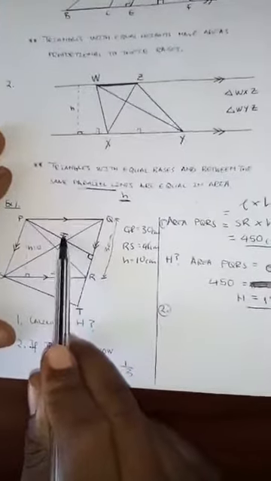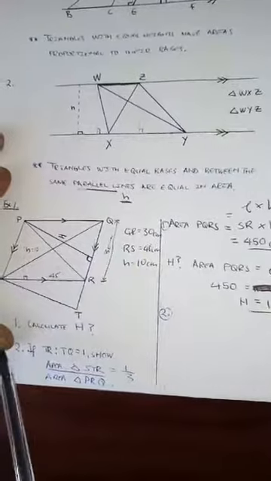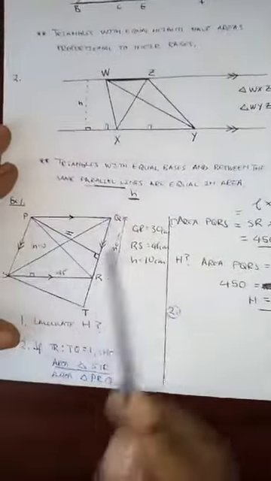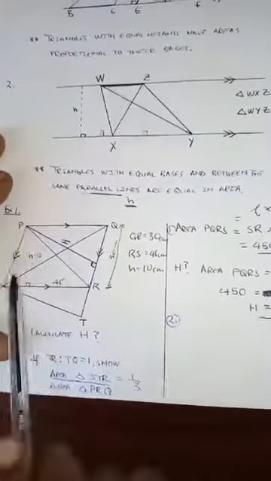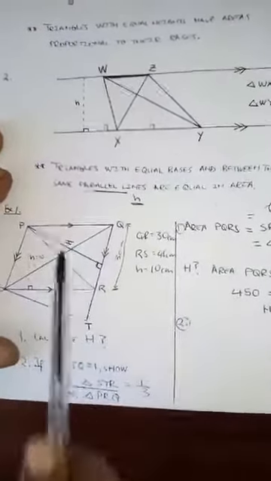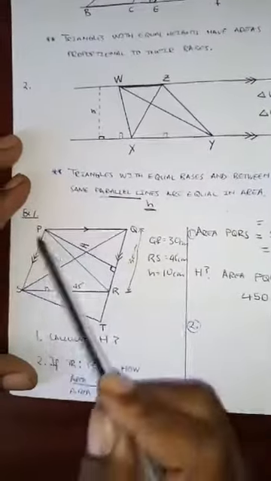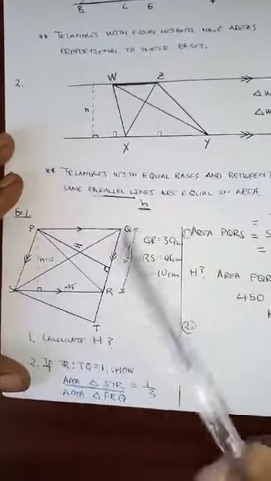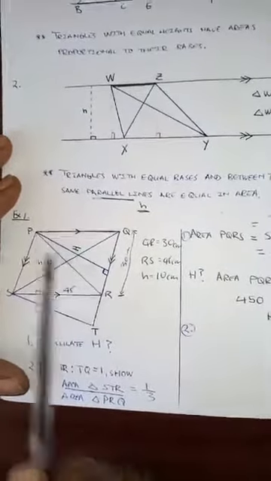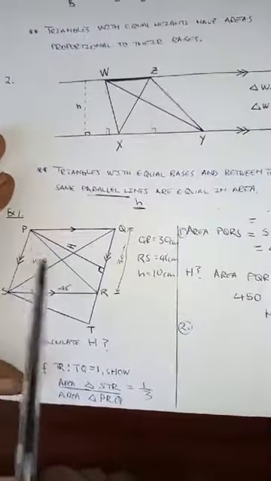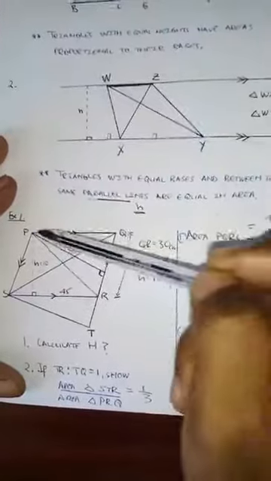So to determine H, again, we come back to the area of PQRS. The area of PQRS can also be determined using the length of the other side. Remember, this is a polygon, so it has different sides: that side SR, that side PQ, PS, and QR, right? If you use SR, it's like using PQ. So if you now want to use that length, we need to use that height.